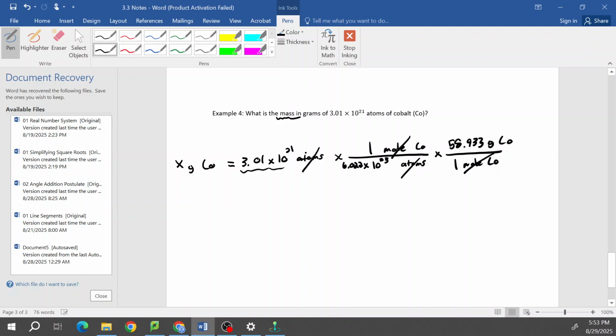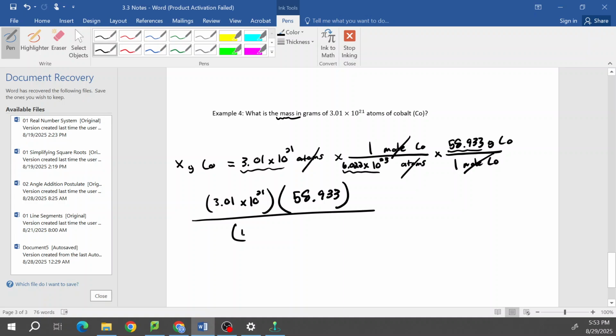Notice, this is on top and this is on top, which means they're going to multiply together. So I'm going to have 3.01 times 10 to the 21 times 58.933. And all of that's going to be divided by what's on the bottom, which is this one, 6.022 times 10 to the 23. Okay, when you compute this, you'll get an answer, and that should be in terms of grams of cobalt. Okay, once again, I don't have my calculator here, otherwise I would calculate it.